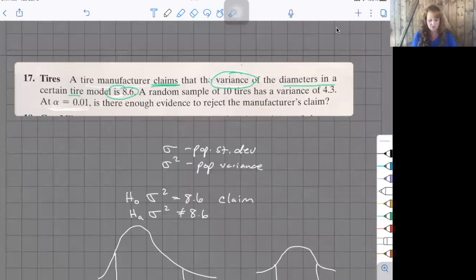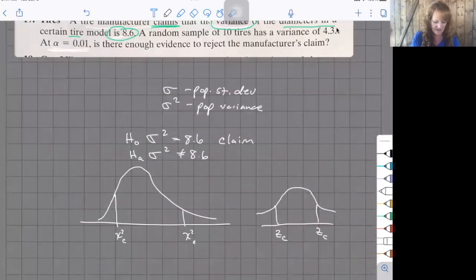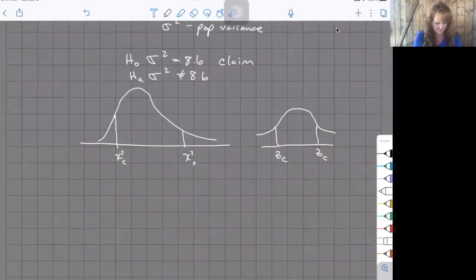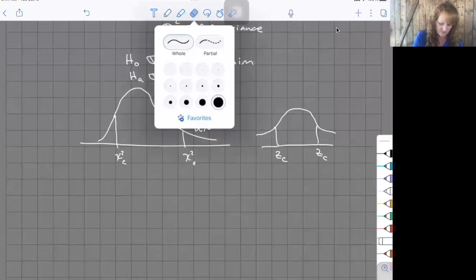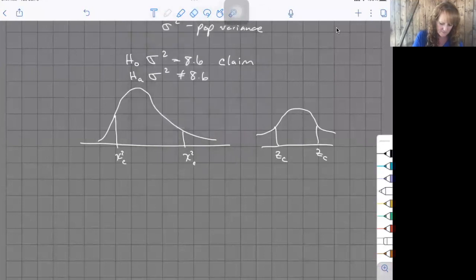Because this is a two-tailed test, we're going to divide that in half. So we've got an alpha value of 0.005 on each side. So that's just my alpha divided in half on either side.